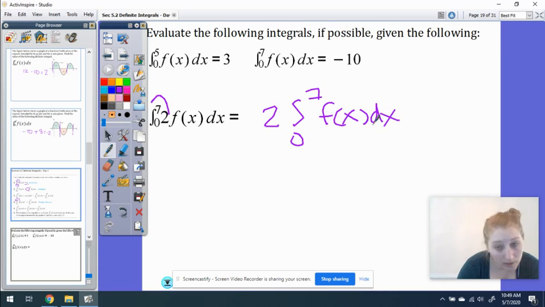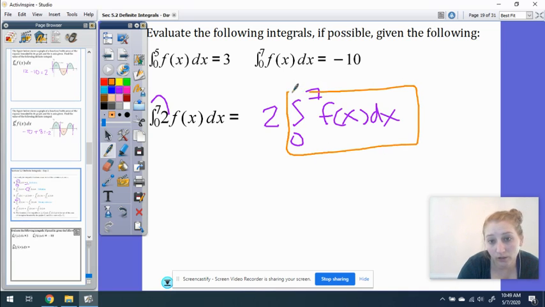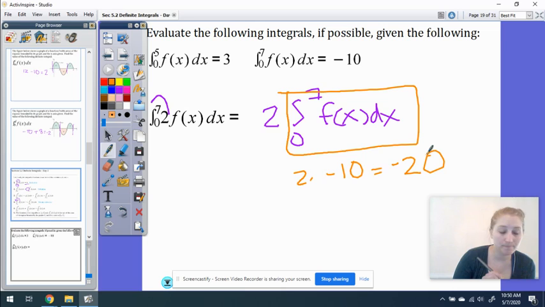Okay, so then the next thing you look for is which one of these is going to be more helpful, and it's this one right here. So I have 0 to 7, and the answer is -10. So what I can do is replace all of this with -10. So we're going to say 2 times -10, which is going to give me -20. Okay?